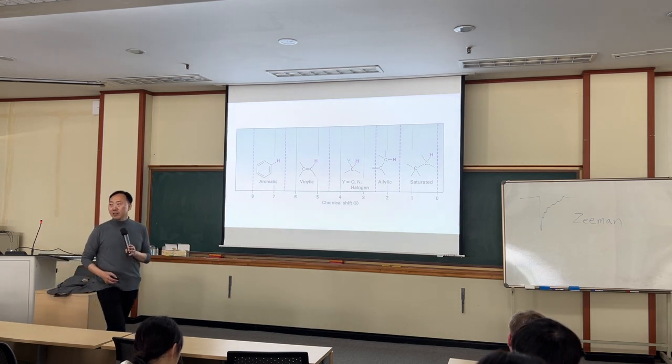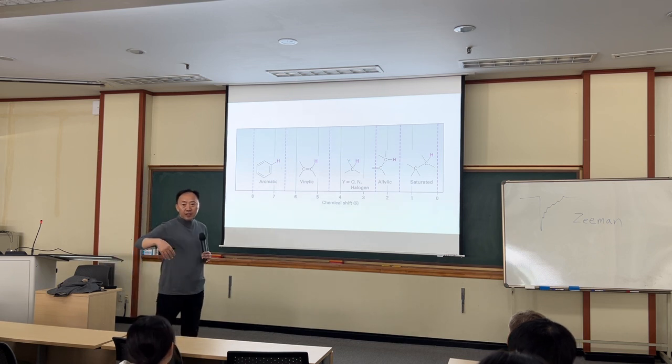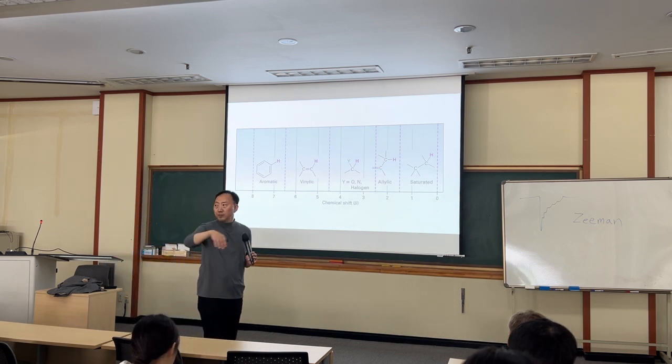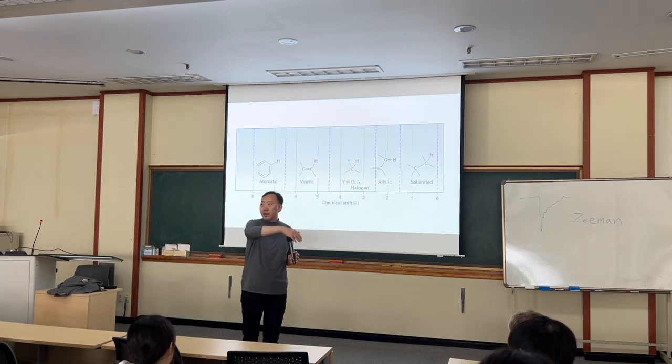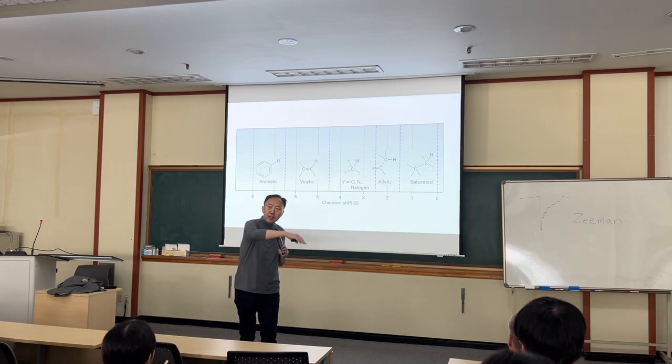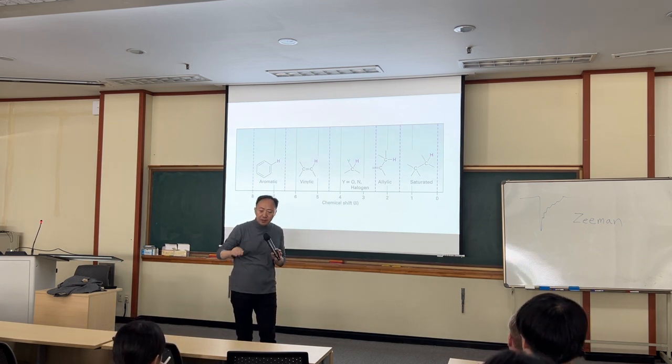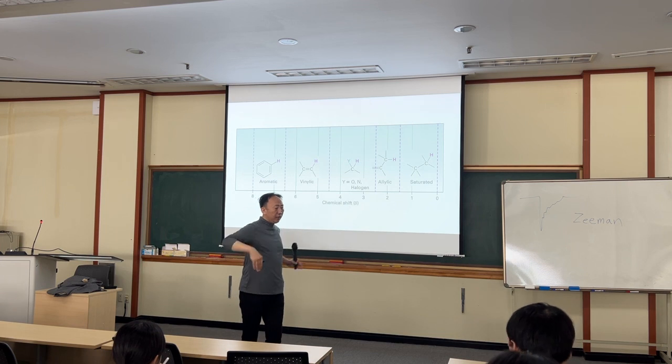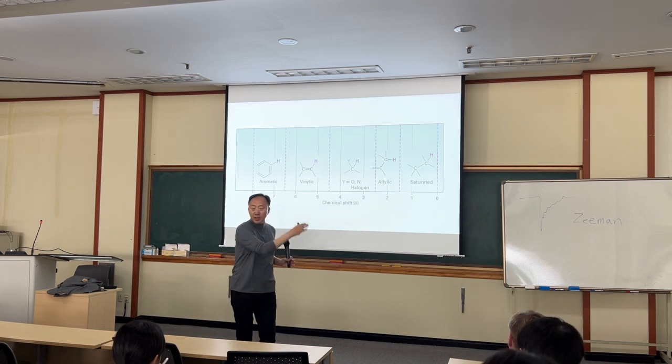There's some explanation that the aromatic ring has aromaticity, there is ring current. Ring current generates a magnetic field. This is the ring, then the magnetic field is generated like this.